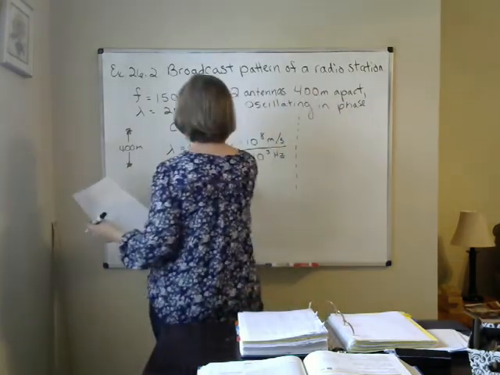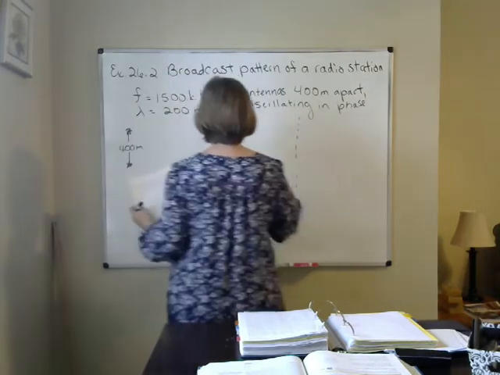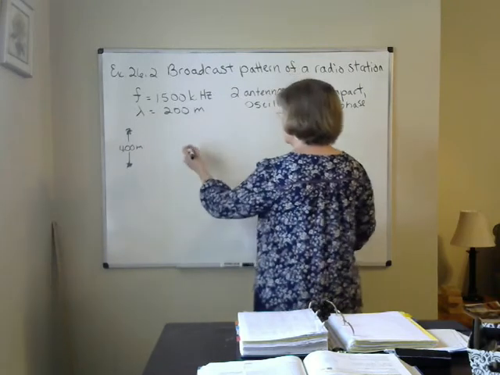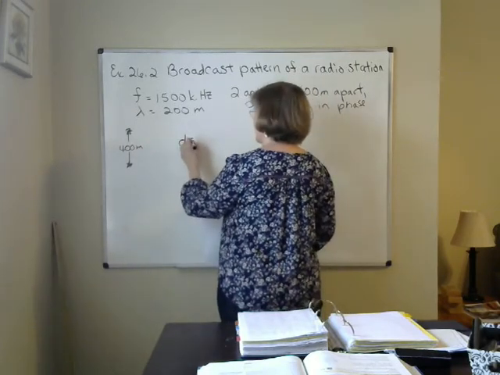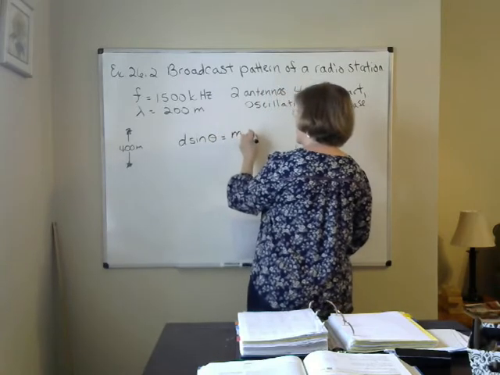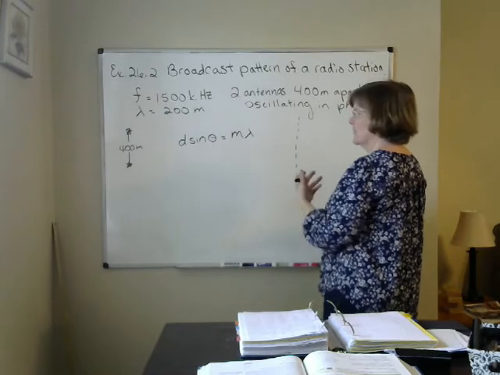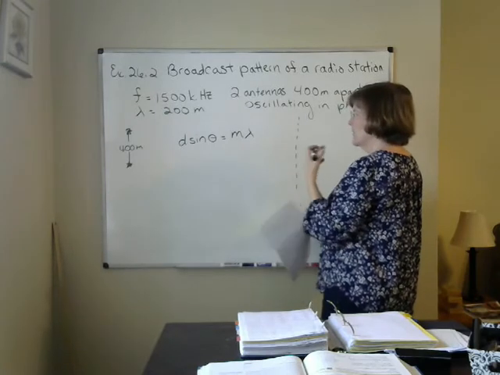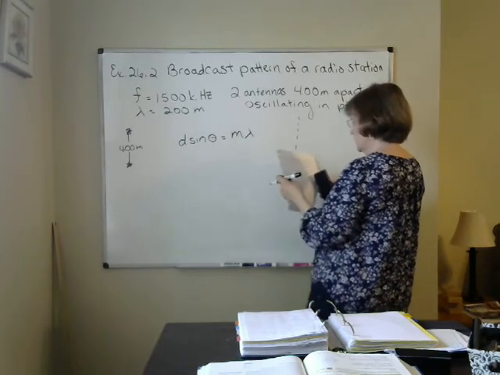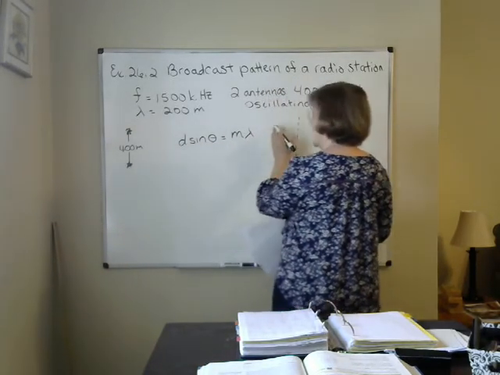If we use our formula for finding direction, we get d sine theta equals m lambda. Those are going to be the places where we get constructive interference. The first direction is actually going to be at 0. We get a maximum with m equal 0.